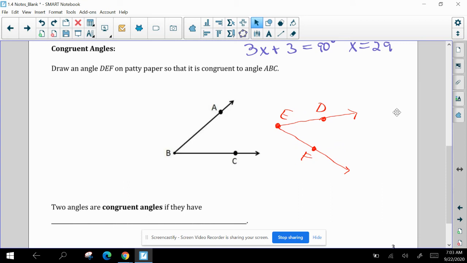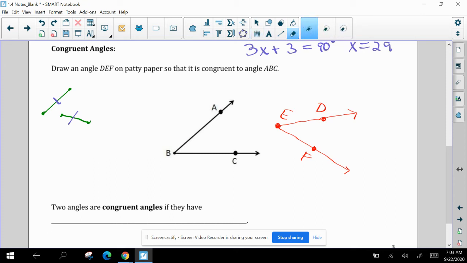Now, to show on a diagram that things are congruent, remember that with segments, if we had two segments, to show that they were congruent, we use these little notches. So we have something similar for angles, but remember when we go from one ray to the next, we kind of rotate, I want to say.